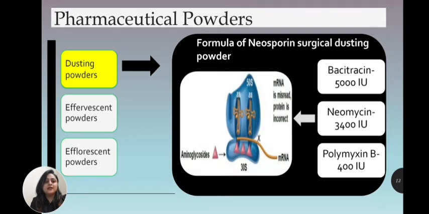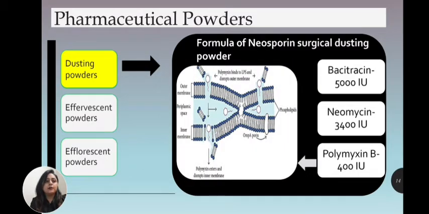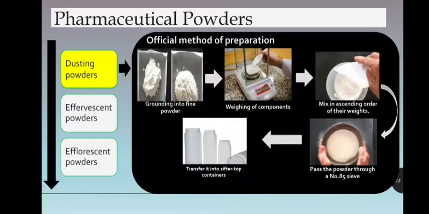Then comes neomycin, an aminoglycoside which disturbs essential protein synthesis. The third is polymyxin, whose mechanism of action is destruction of bacterial membranes by binding with the phospholipids. Now my other team member Isha will continue with the effervescent powders.